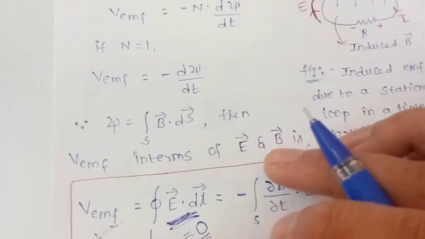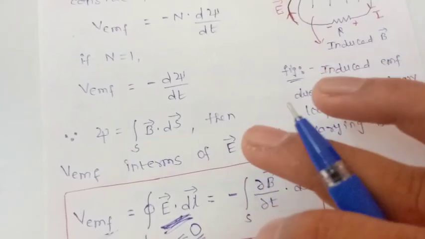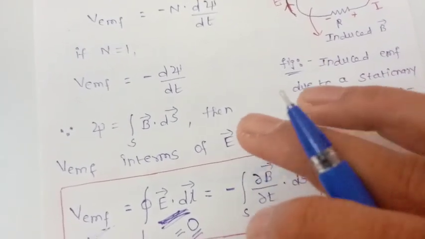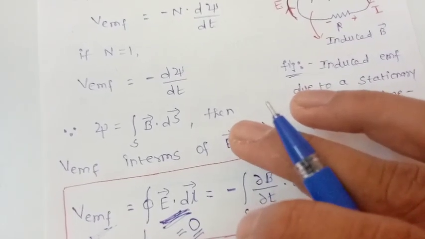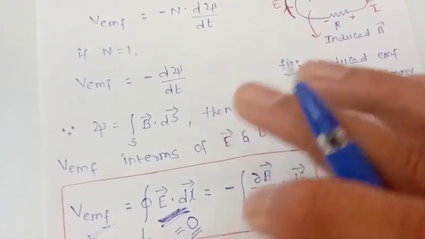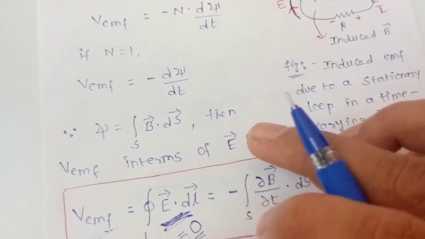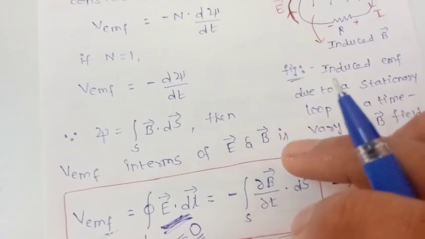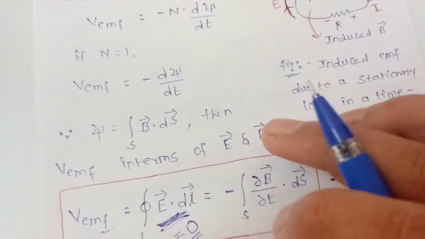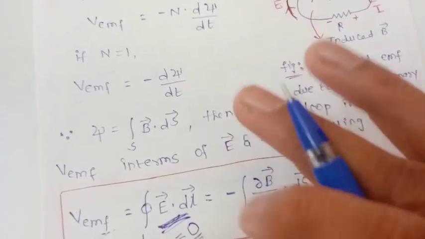Because in the static electric field, if you want to move a charge from one point to another point, the work done is equal to 0, because at the first point the potential and the second point the potential both are same, therefore the potential difference will be 0.